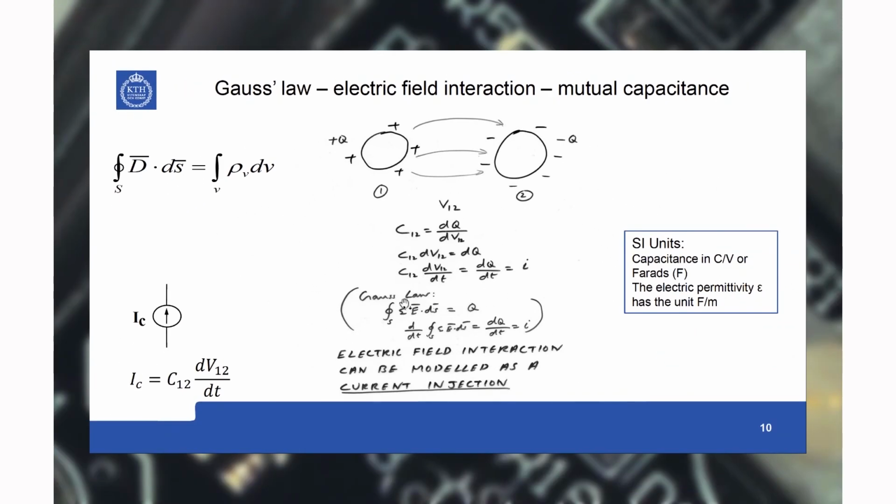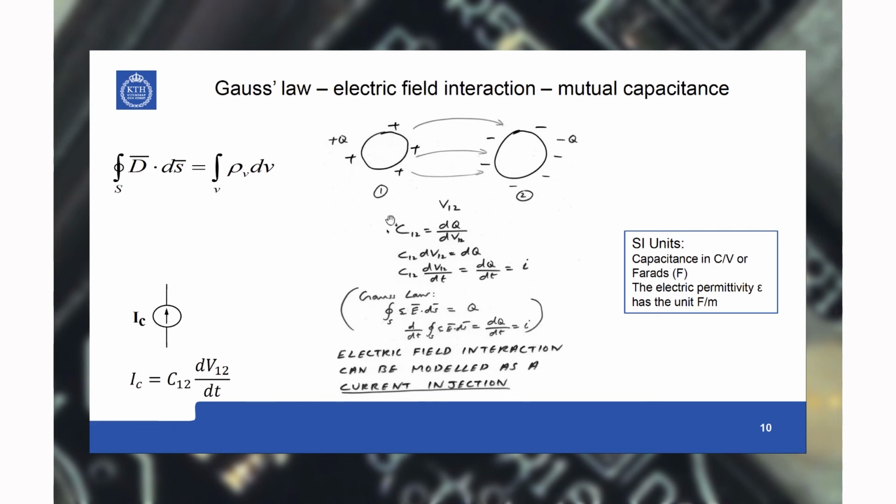What Gauss's law states is the closed surface integral. So you can take a closed surface along this. The closed surface integral of epsilon E, which is nothing but D for a linear material, dot dS equals Q. And take the time derivative on both sides. So this is current injection.